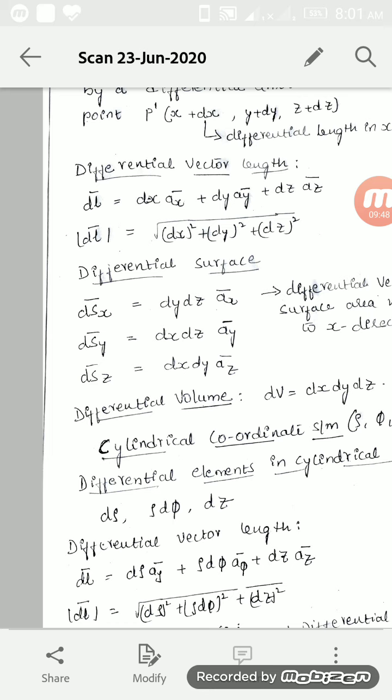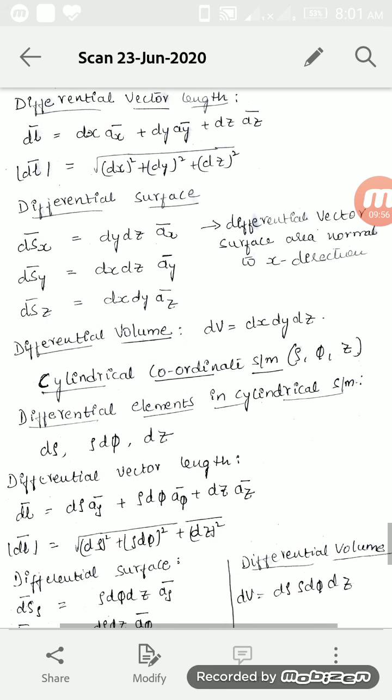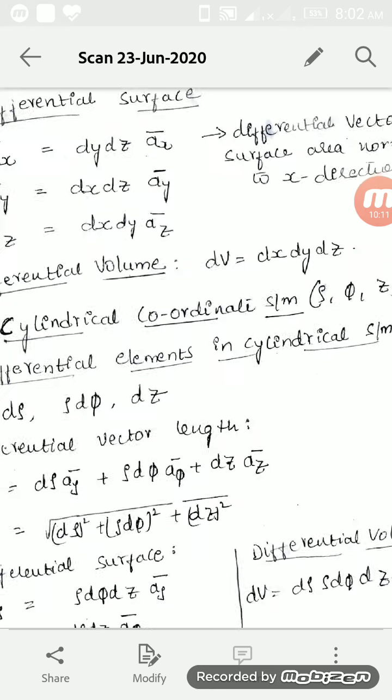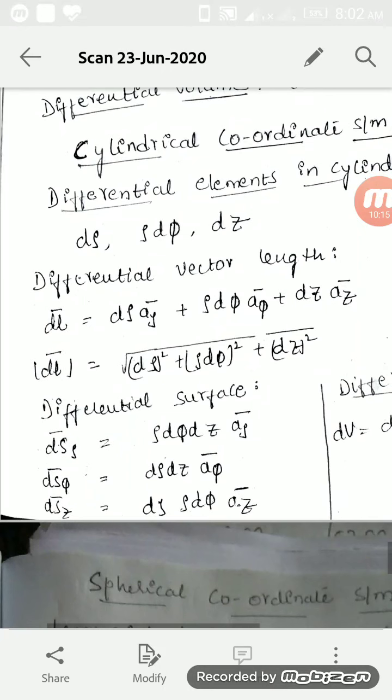Similarly, the coordinates for the cylindrical coordinate system are rho, phi and z. That is important. So the differential lengths are d rho, rho d phi, and dz. For an angle, a radius should be taken, so it is multiplied by rho, so it is rho d phi. So the differential length becomes d rho a rho plus rho d phi a phi plus dz az.